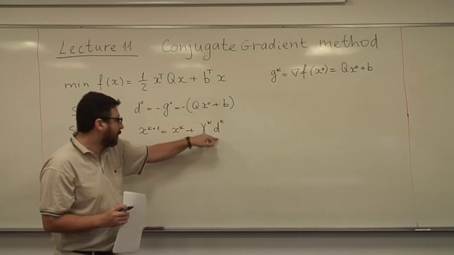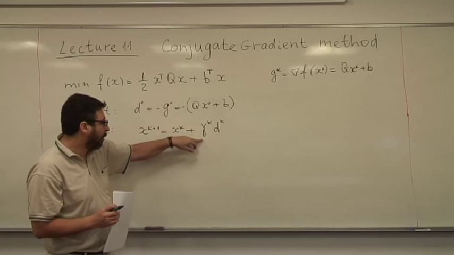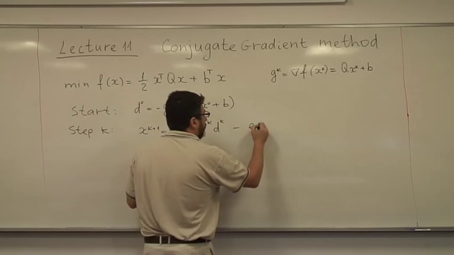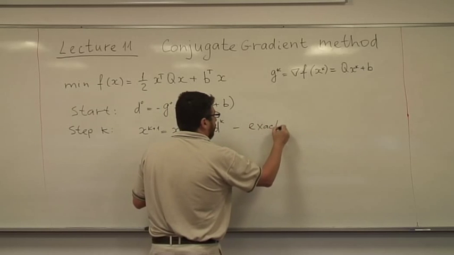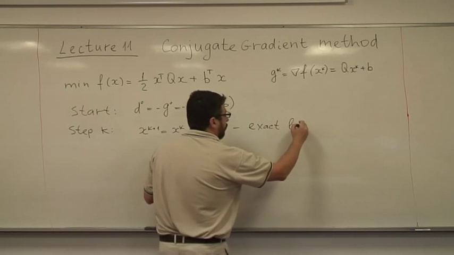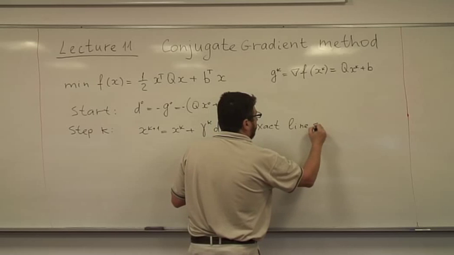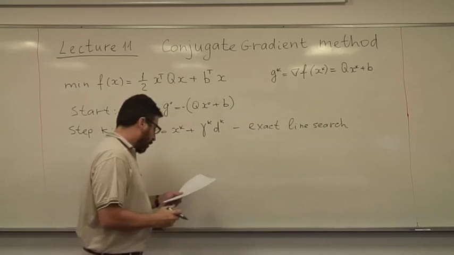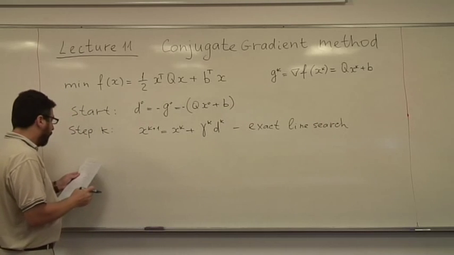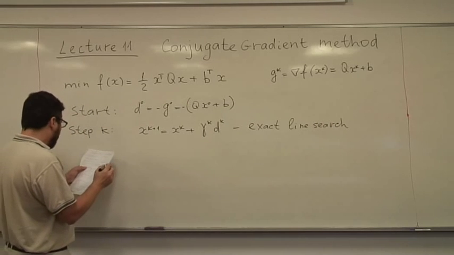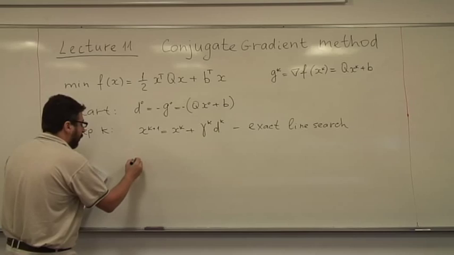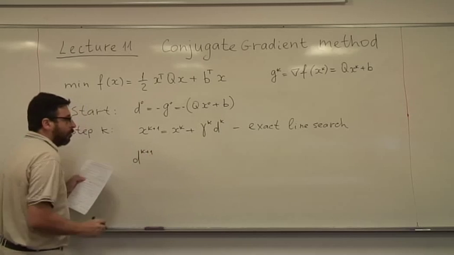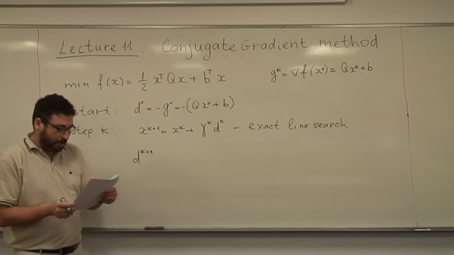So do exact minimization in gamma of our function. And then we compute a new direction, as we already used to do in the conjugate direction method.